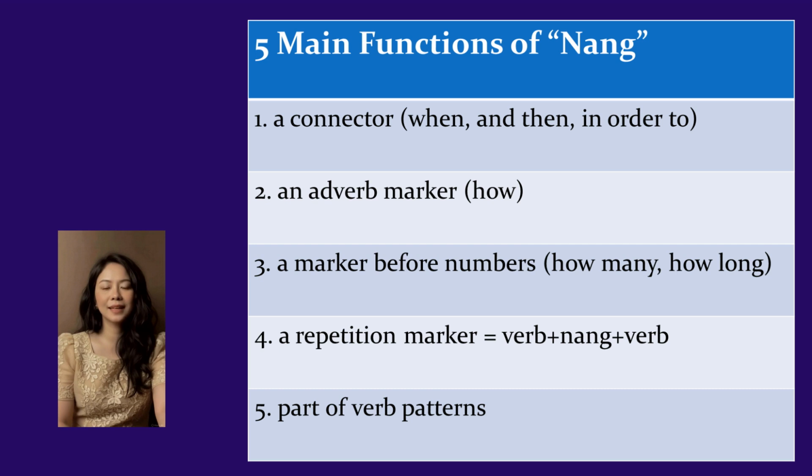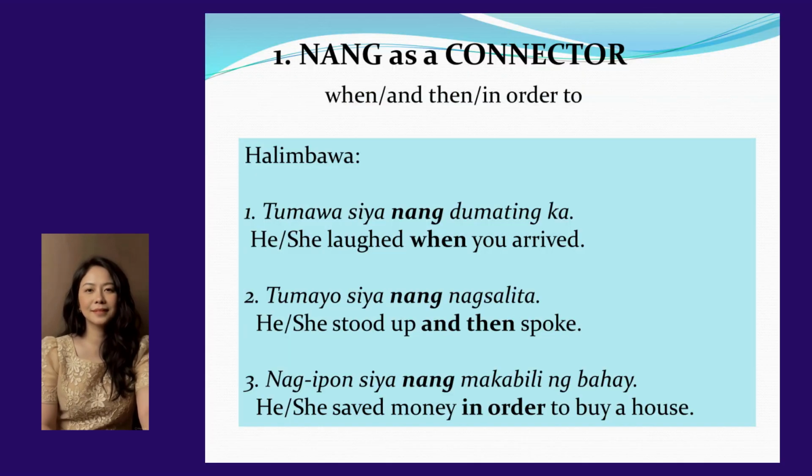Number five, nang in verb patterns. Nang also appears in certain verb constructions where it links the verb to a phrase that functions like an adverb. Let's continue with some examples.